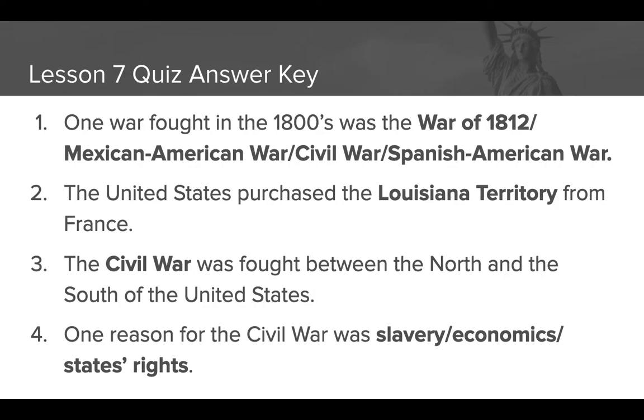Okay, for question number 2. The United States purchased the Louisiana Territory from France. For number 3, the Civil War was fought between the North and South of the United States. And number 4, one reason for the Civil War was slavery, economics, or states' rights.